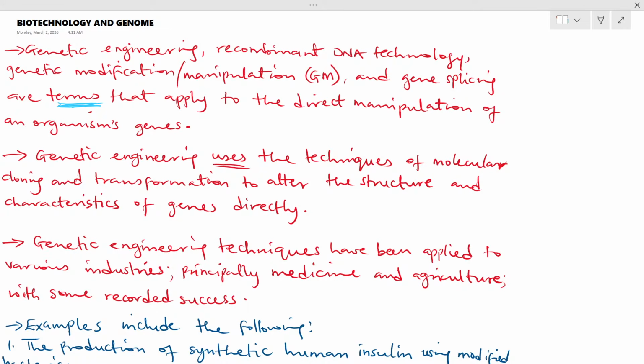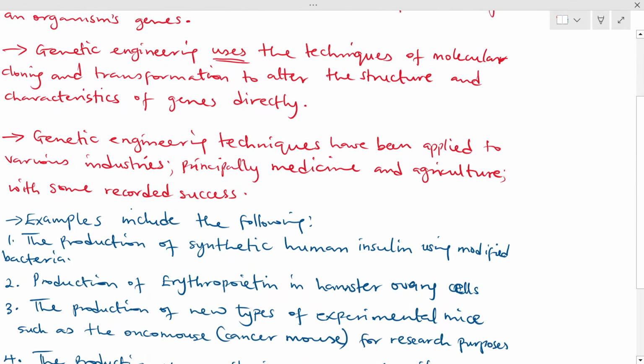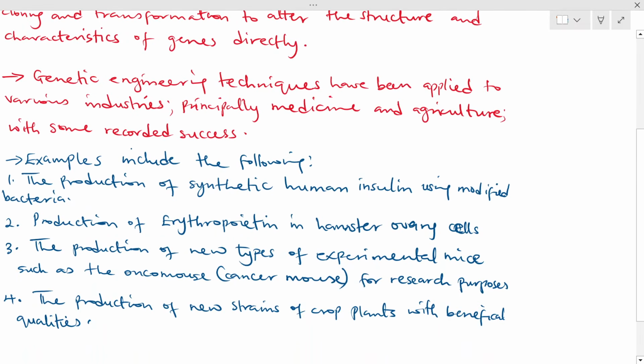Genetic engineering has been applied to various industries, principally medicine and agriculture, and they have some recorded successes.